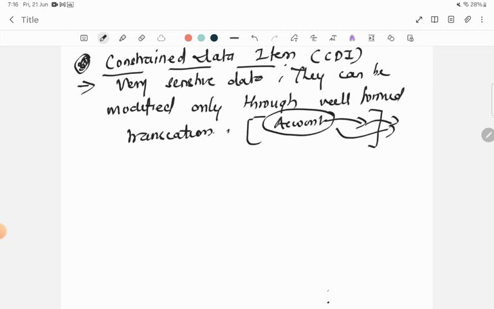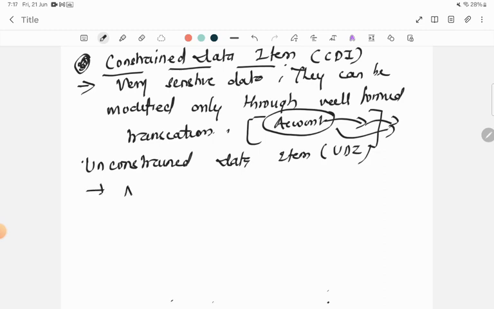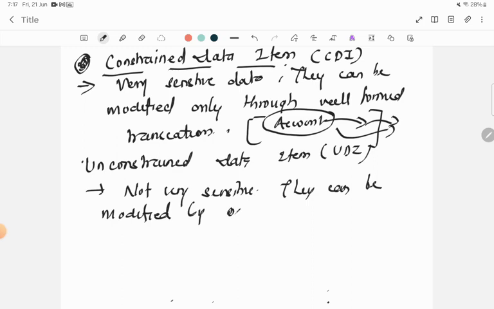The fourth term is the unconstrained data item, also known as UDI. This type of data item is not very sensitive, and it can be modified by the user.